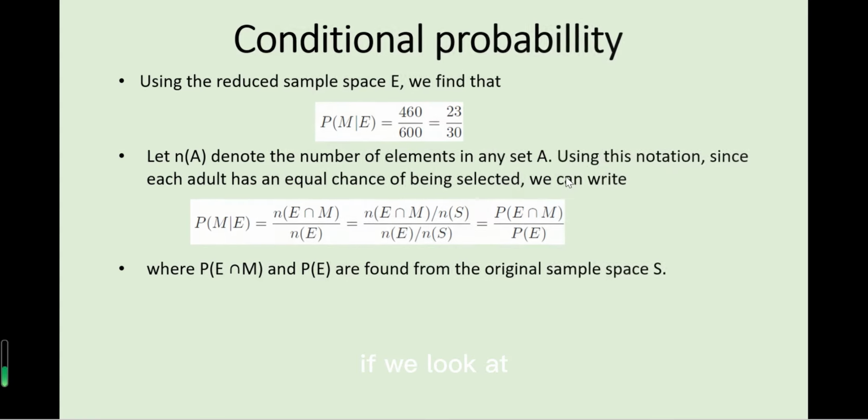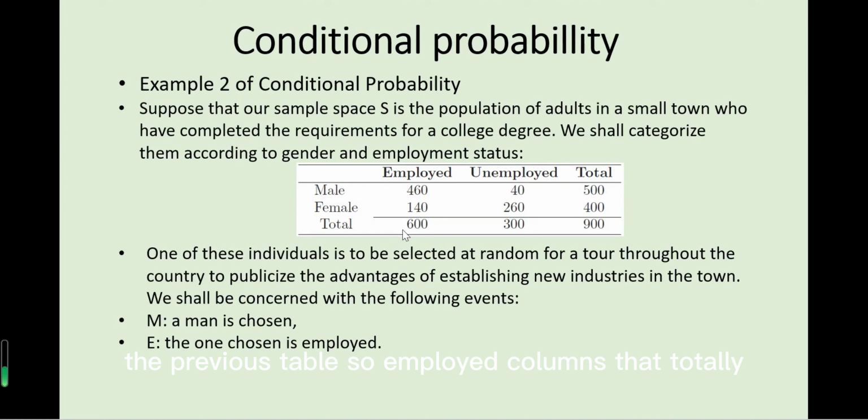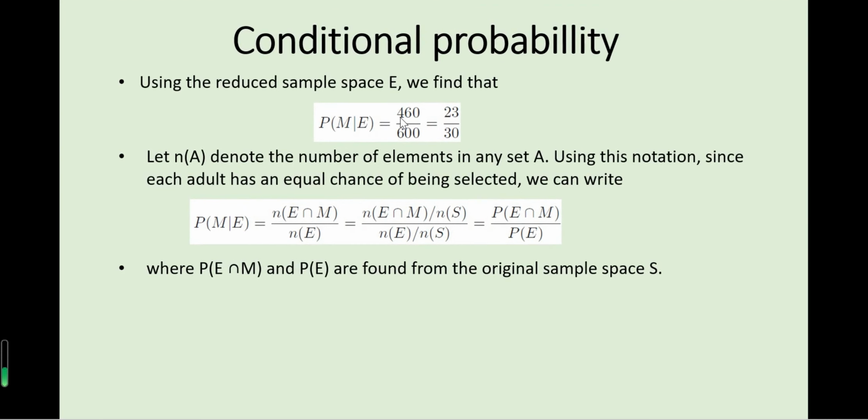If we look at the previous table, the employed column has 600 people. From these 600 people, 460 are men. So we can directly divide 460 by 600. From these employed people, the probability of being a man is 23/30.